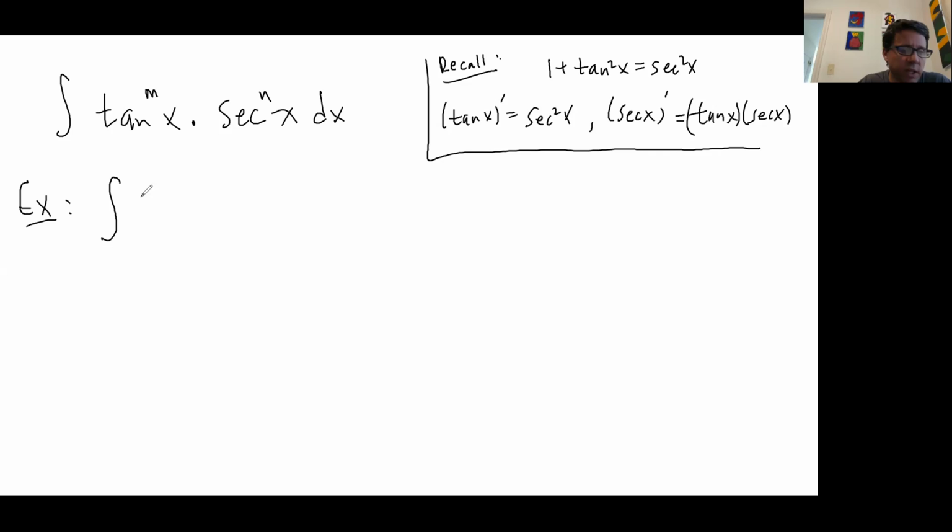So here we go. Here's the first one. Let's try tangent cubed and secant cubed. How do I deal with this? Well, I could possibly use this identity up here.